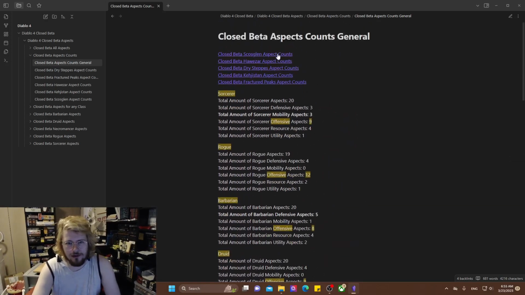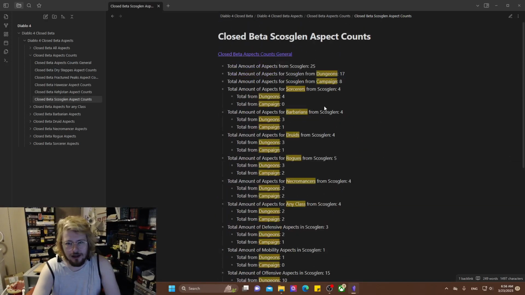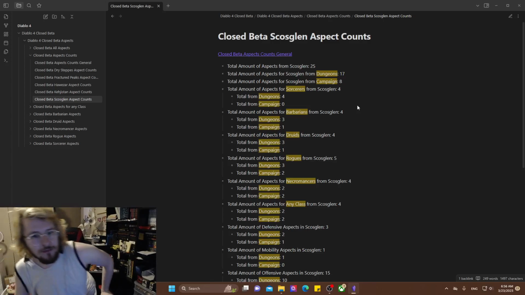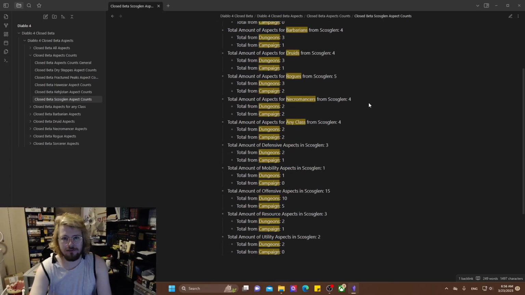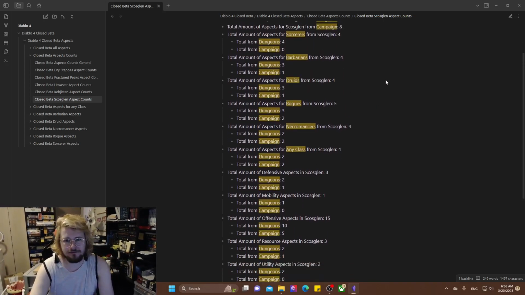Now we'll go further into Skosglin and whatnot. The amount of aspects for the sorcerer in Skosglin is 4, and all 4 are from dungeons. For barbarians, there's 4 aspects in Skosglin, 3 from dungeons and 1 from the campaign.